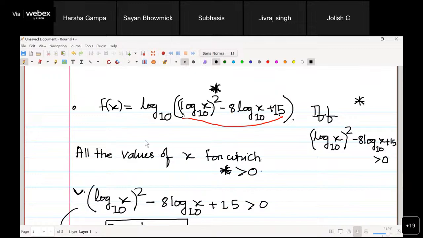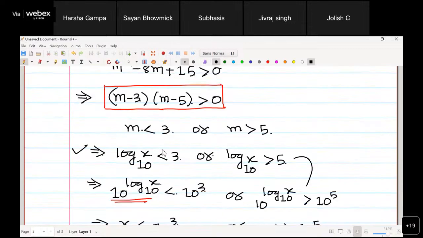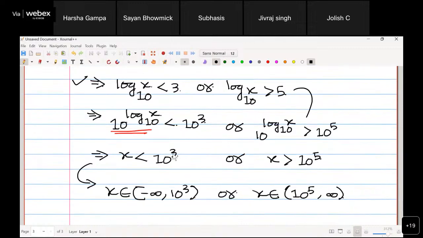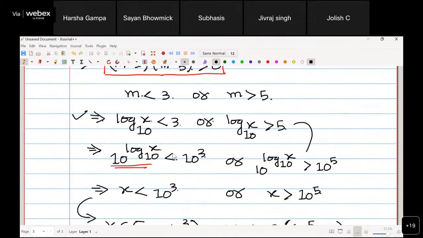Yeah, correct. I made a mistake here. Whatever you are saying is correct. So again, this log 10x is less than 3.